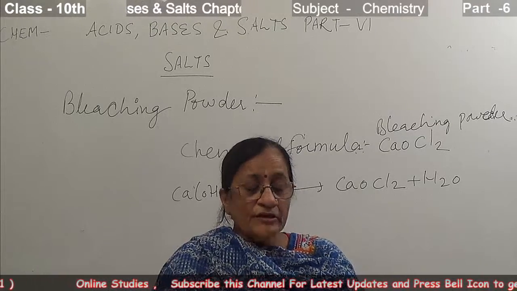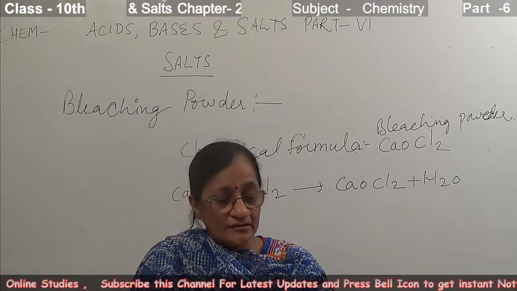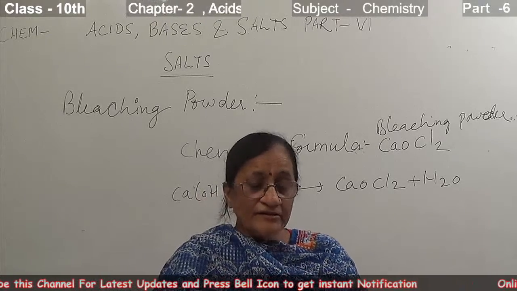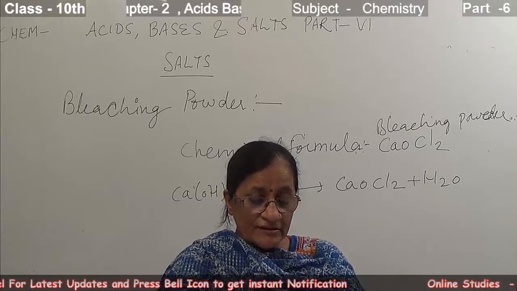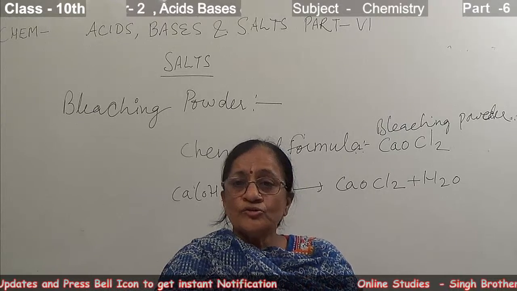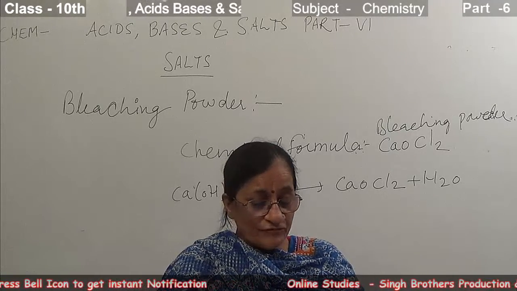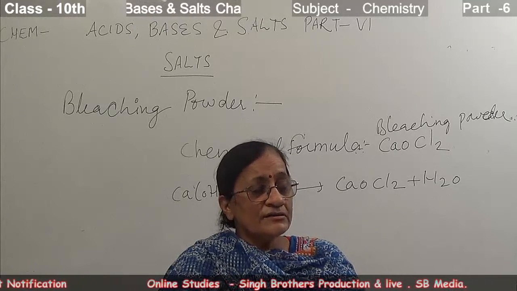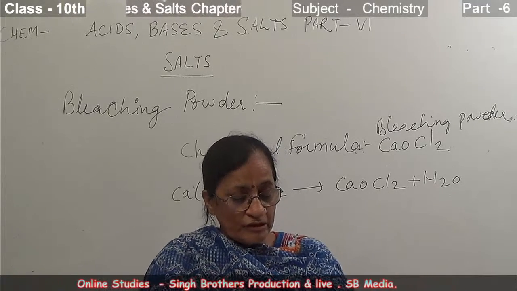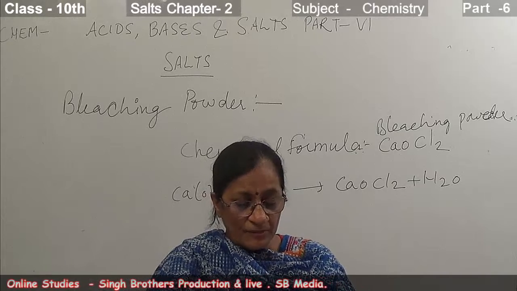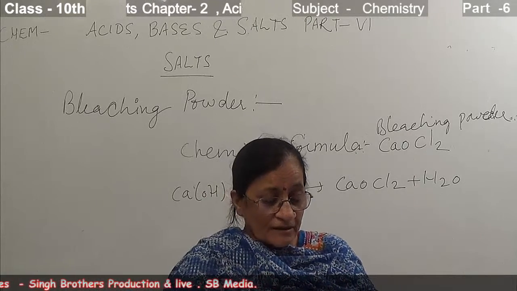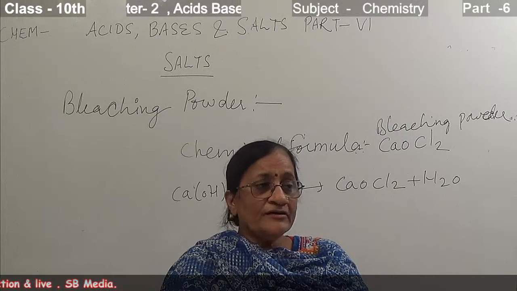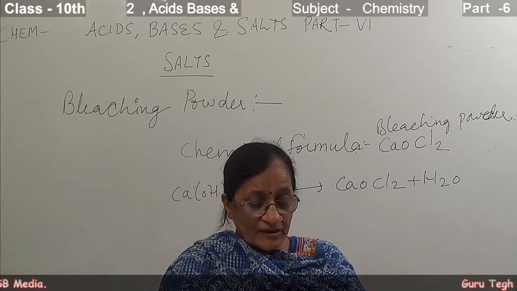Now uses of bleaching powder. It is used to bleach cotton fiber and cotton fabrics in the textile industry, and it is also used to bleach wood pulp in the paper industry. Besides that, it is used as a disinfectant and germicide.